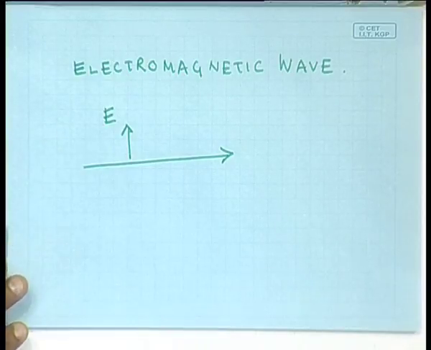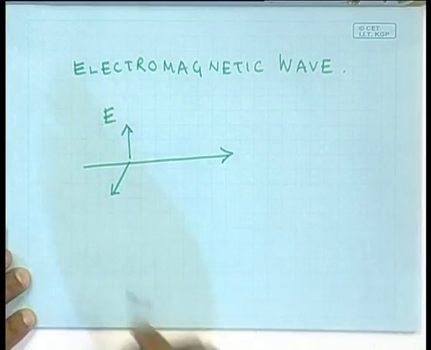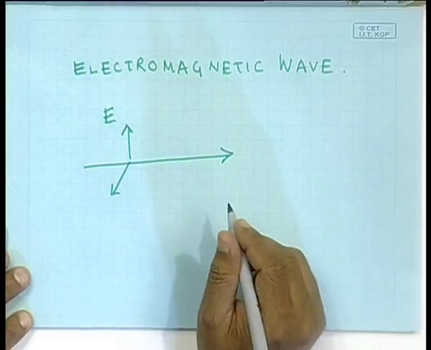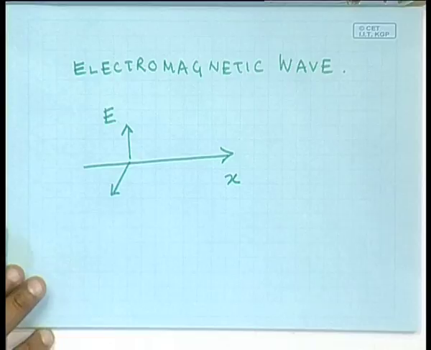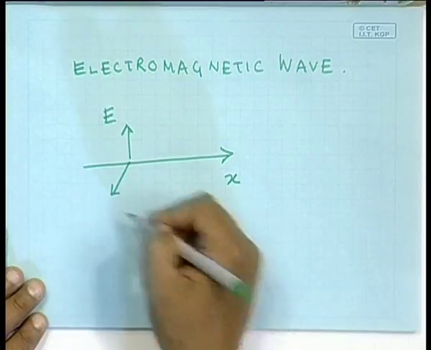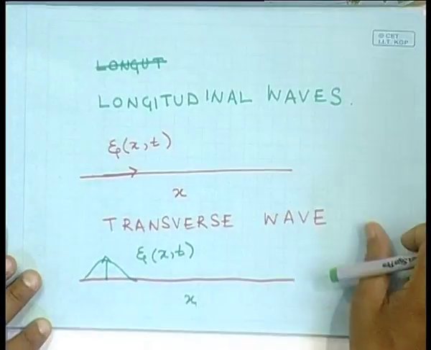This too is a transverse wave. The electric field and the magnetic field both have to be perpendicular to the direction of propagation. So if the wave is going along the x-axis, the electric field can be anywhere in the yz plane. So both of these are transverse waves.